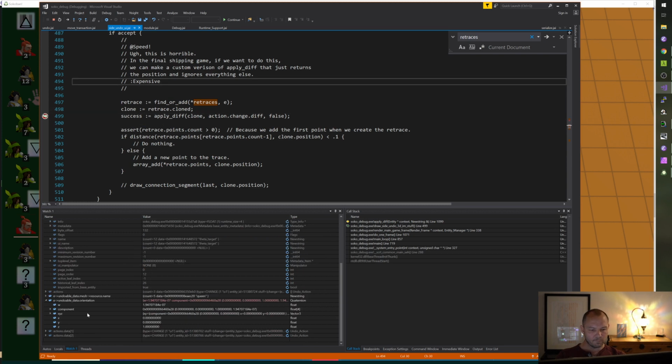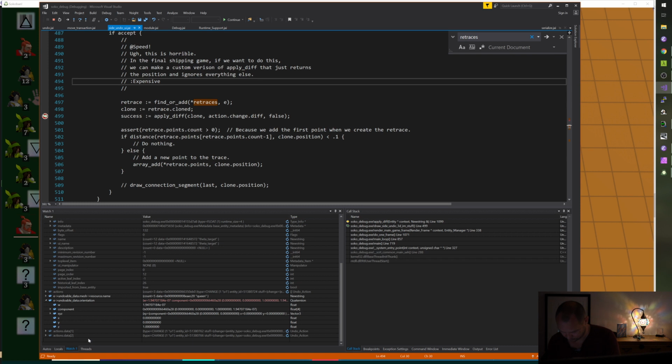Okay, so here, let's get out the pen because Visual Studio is not good at telling us values. Action.